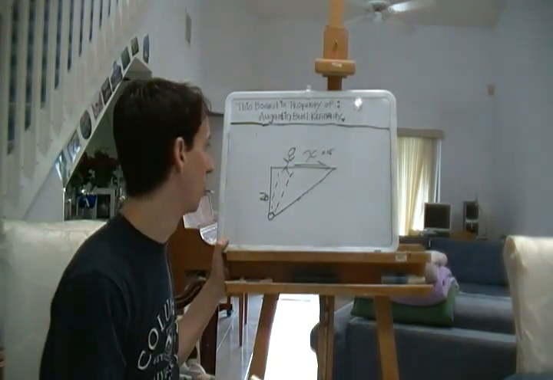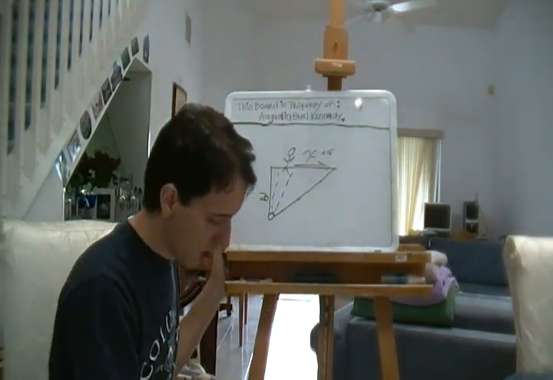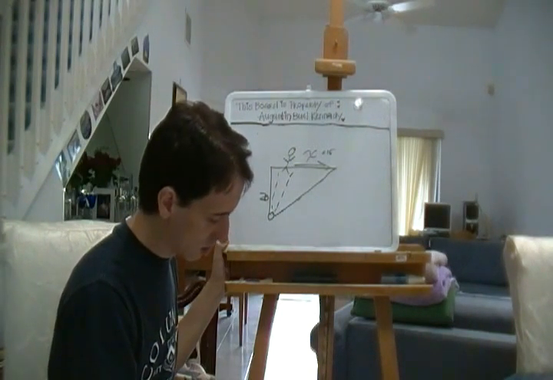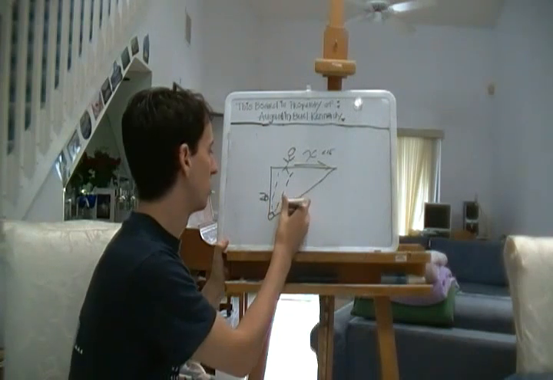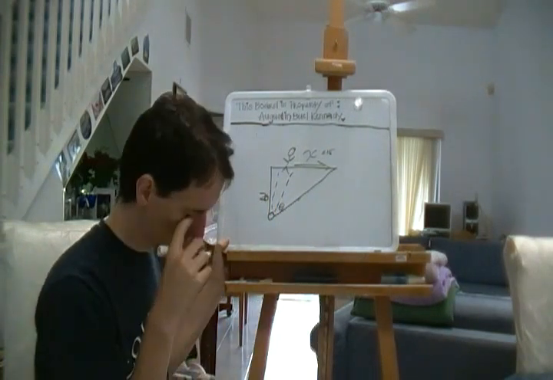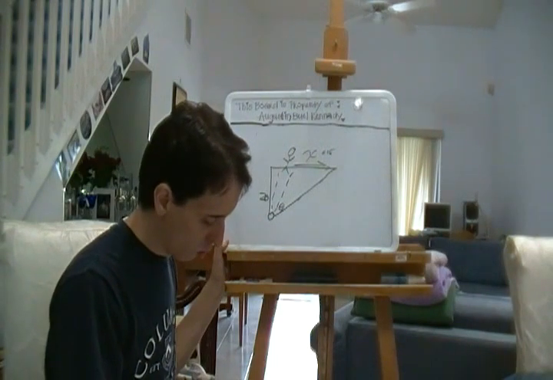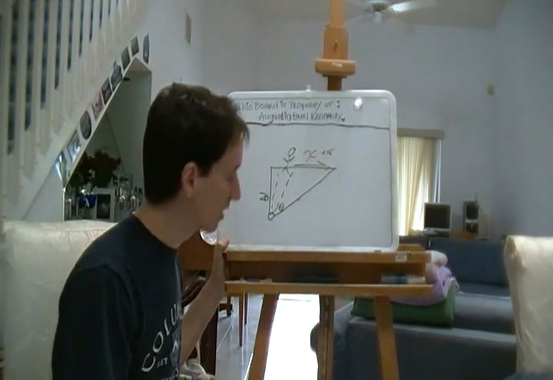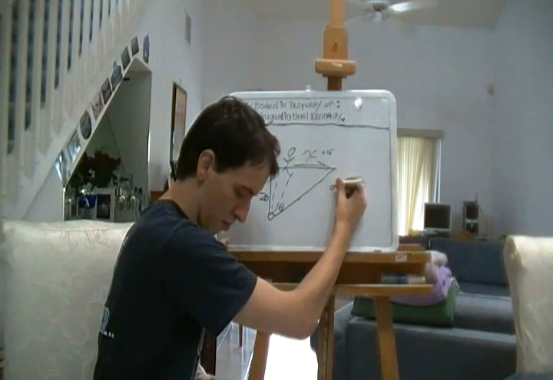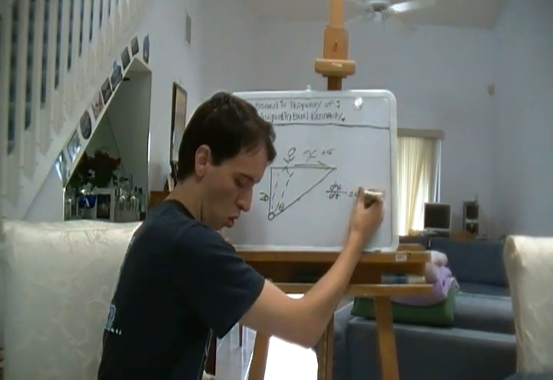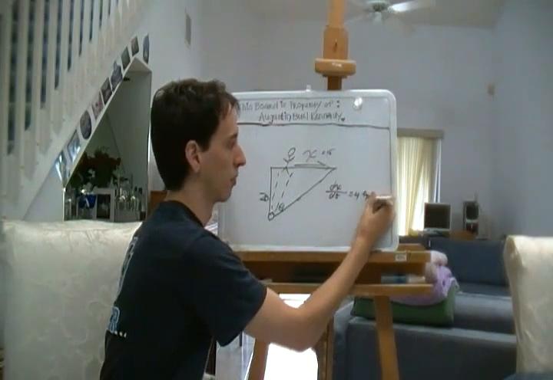Okay, so we know two sides of this triangle. We also know this is angle theta. What else do we know here? We know that dx/dt is 4 feet per second.